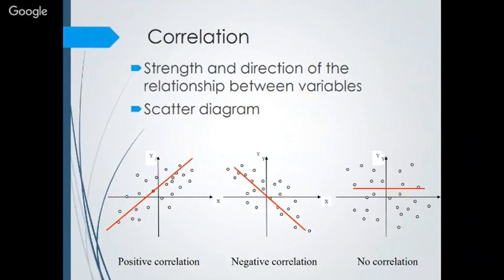So for all the tests, the procedure is the same. We have to calculate the test statistic. In the Z-test we calculate the Z value, in ANOVA we calculate the F value, in the t-test we calculate the t value, like that. For each and every test there is a test statistic we have to calculate on the basis of the formula.